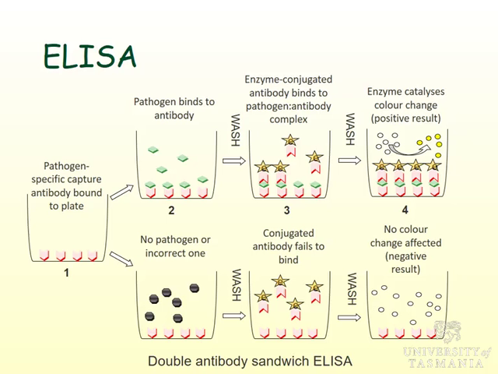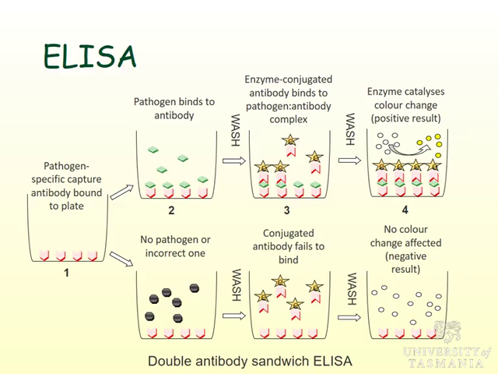You then grind up your plant sample. As I said, this is commonly used for virus detection. Say we've got a suspected virus-infected plant, and we suspect it's infected with cucumber mosaic virus. So we coat the plate with an antibody to cucumber mosaic virus.